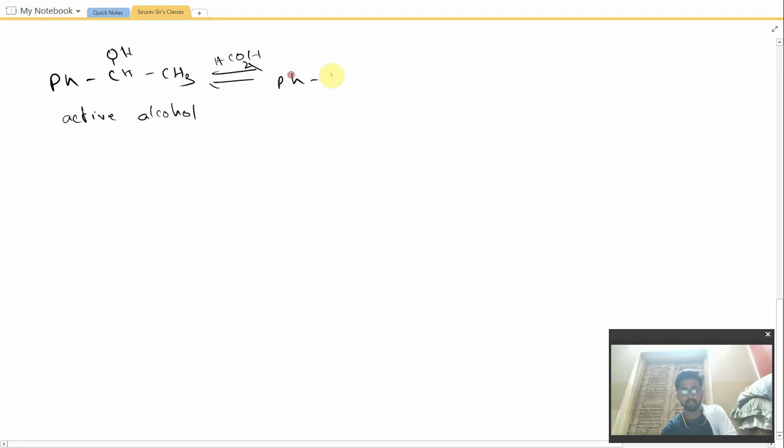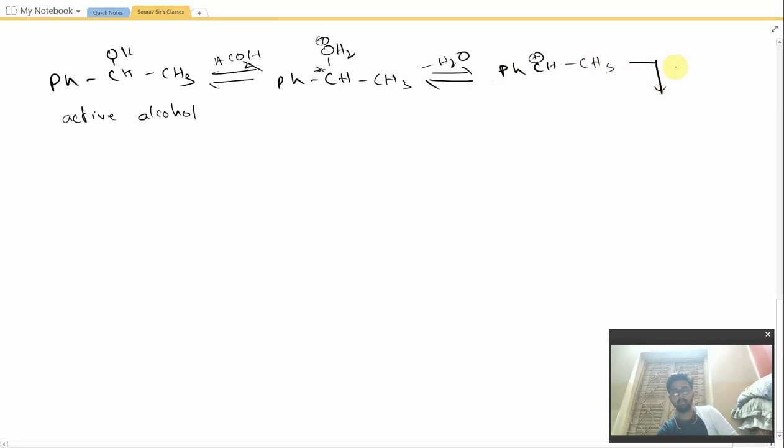What happens is that PhCH(OH2 plus)CH3 is formed, and this molecule is obviously chiral. Water is removed in this case, and the positive cation, the carbocation, is formed. Then again HCOO minus, what does it do?